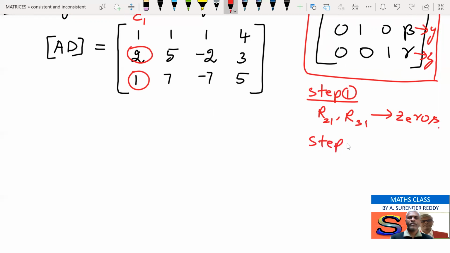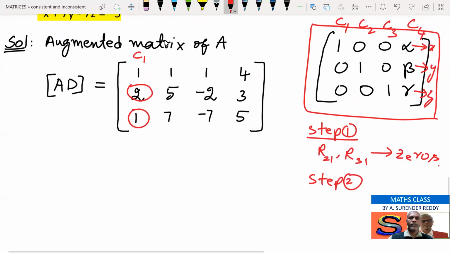In step 2, we convert C2, so this is the procedure you have to remember.